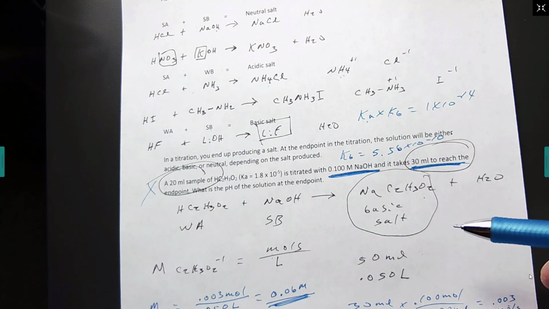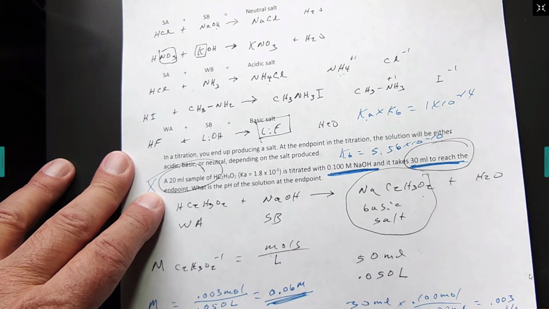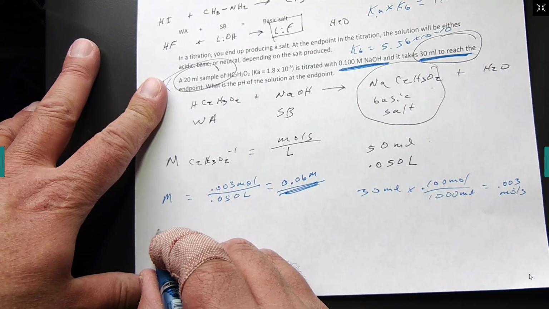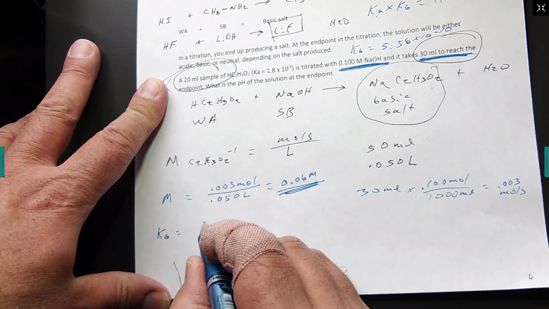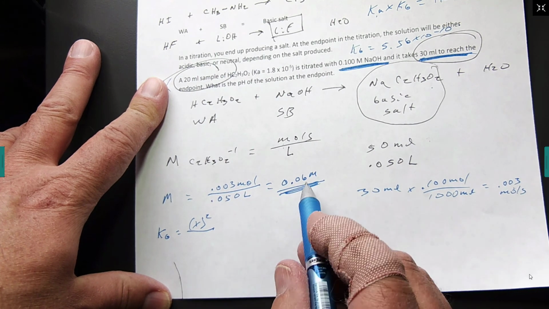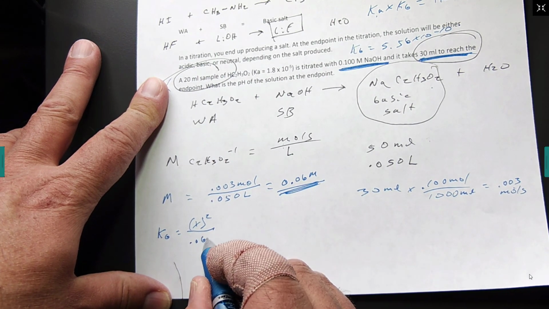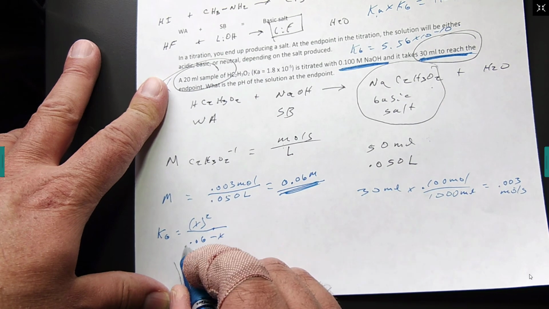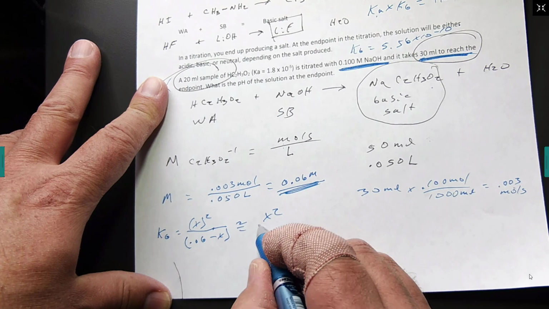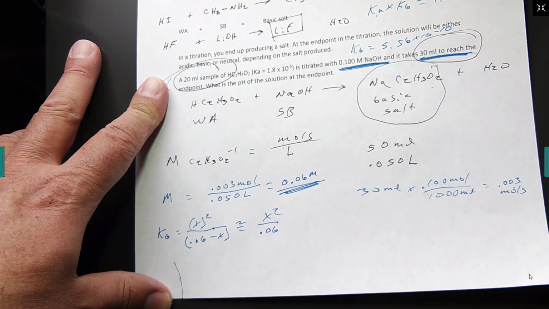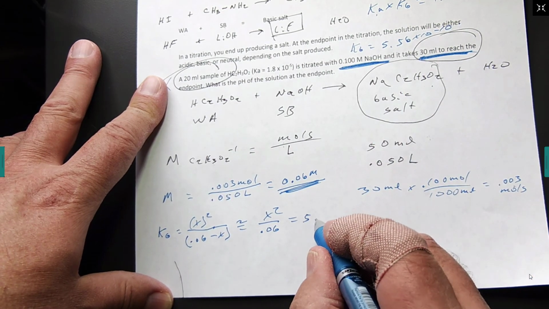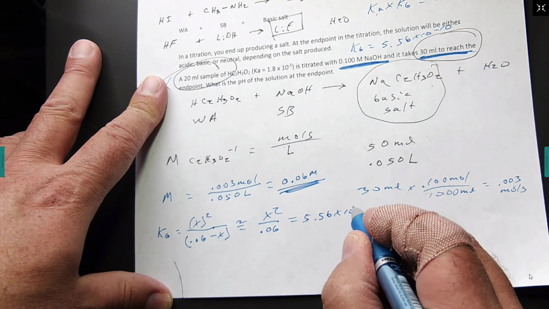I tend to skip the ice tables. I think I showed you this shortcut earlier. These weak base problems, weak acid problems, you can just set it up as Kb is going to end up being X squared all over the molarity, which in this case is 0.06 minus X, which we say is approximately the same thing as saying X squared over 0.06. And Kb, of course, we have a number. What is that number? 5.56 times 10 to the negative 10th.